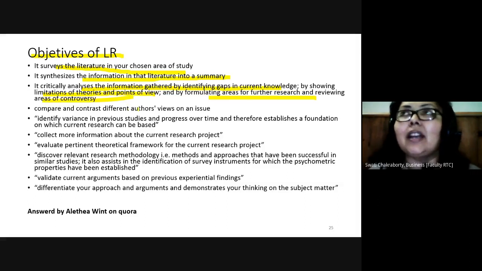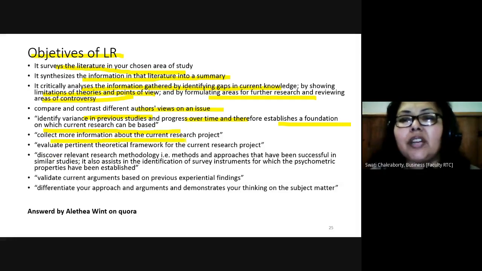You can compare and contrast views of different authors on that issue, identify the variance in previous studies, and progress over time, and therefore establish a foundation based on which your current research can move on.